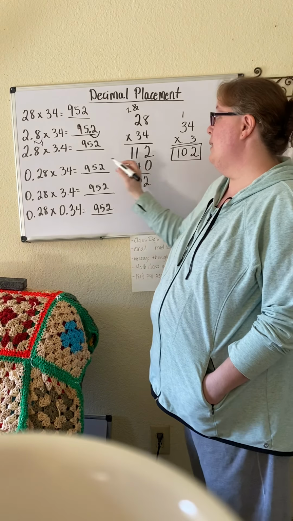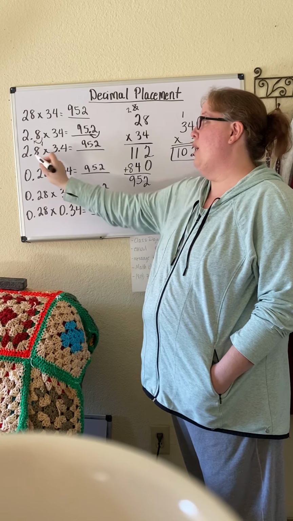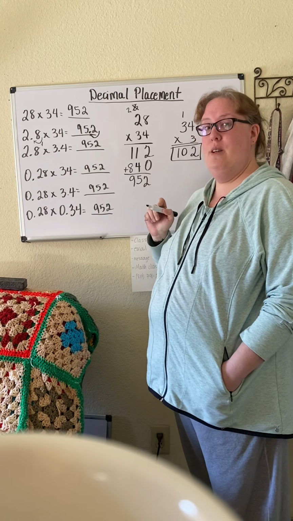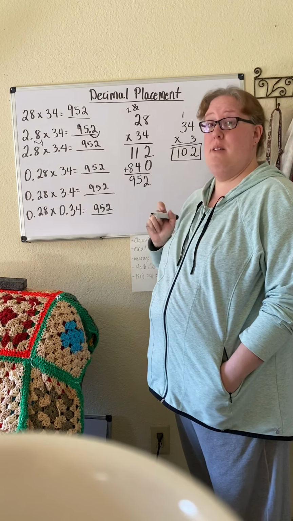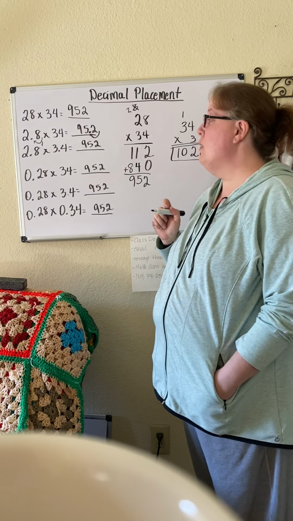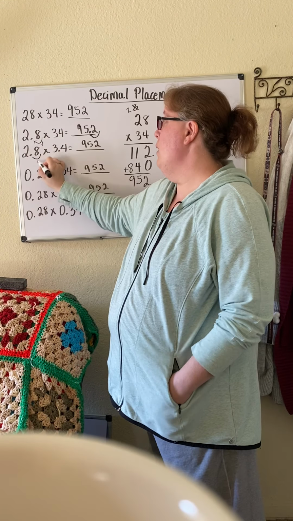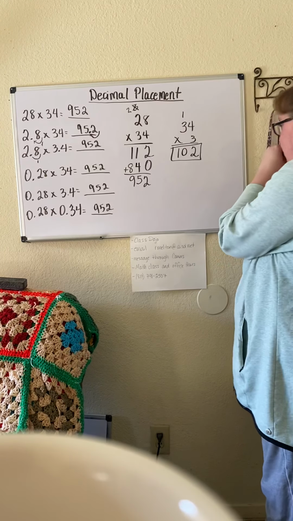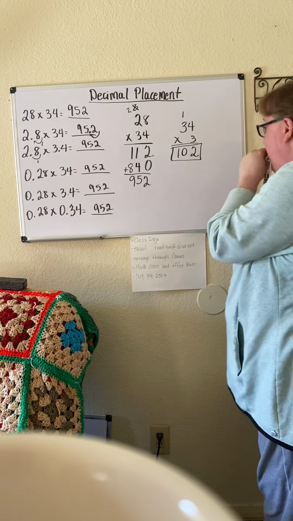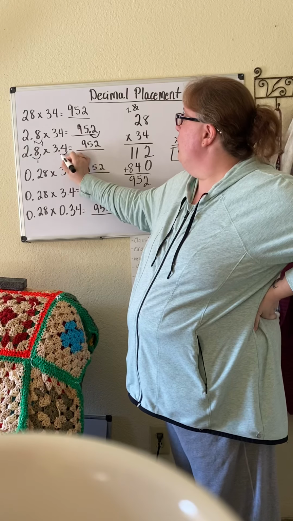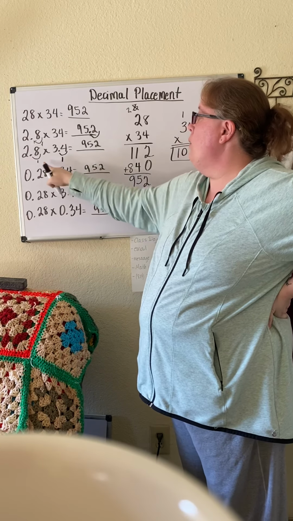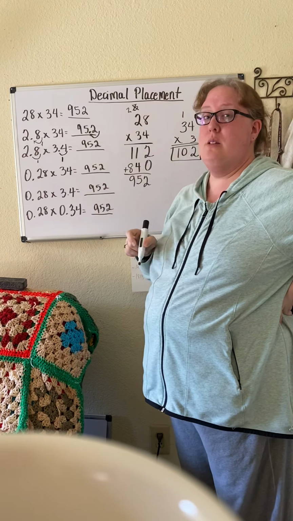Now, same is true here. We have the same digits, 28 and 34. So I'm going to have 9, 5, and 2 in my answer. I'm counting over 1, pardon me, counting over 1. Well, 1 plus 1 is 2.